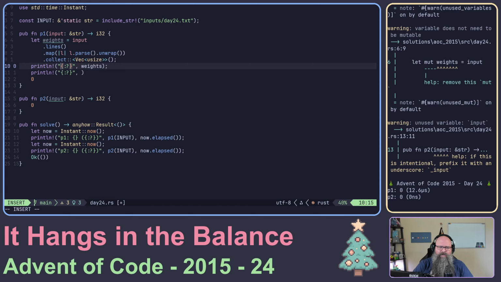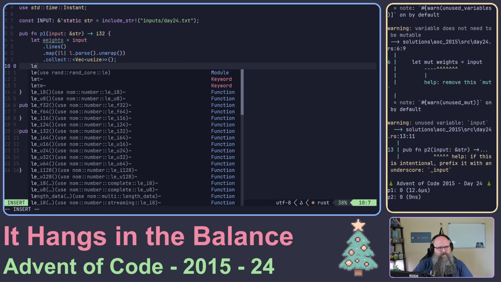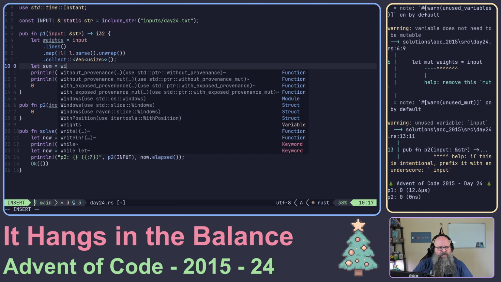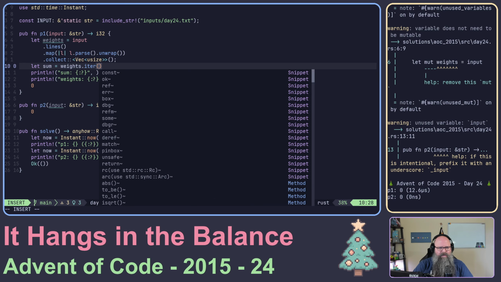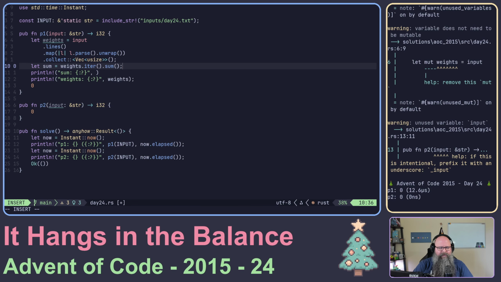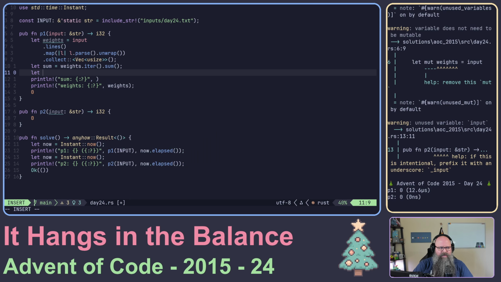So we can calculate the weights dot iter dot sum, and then I guess we can call this the total, and this is the group total.